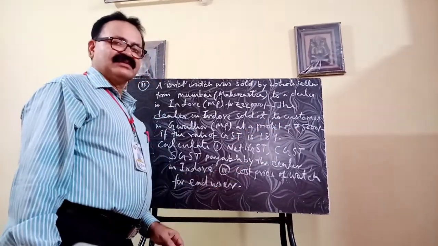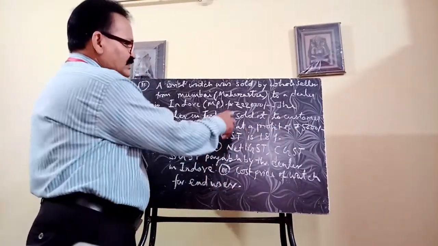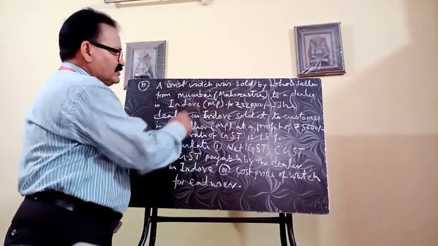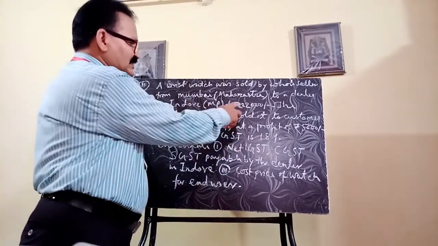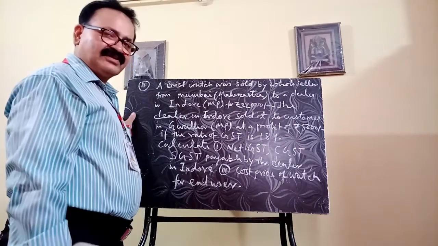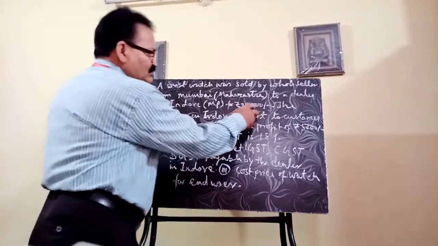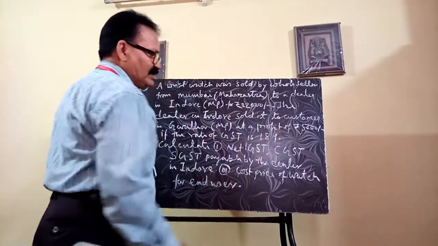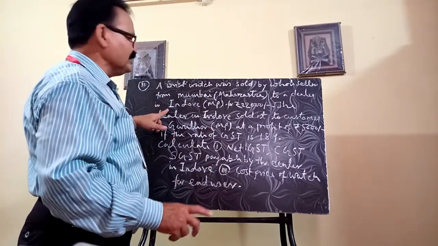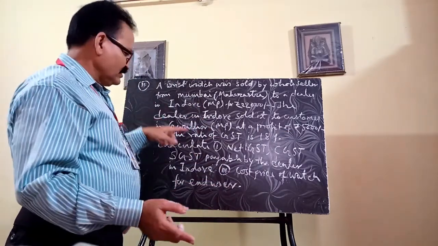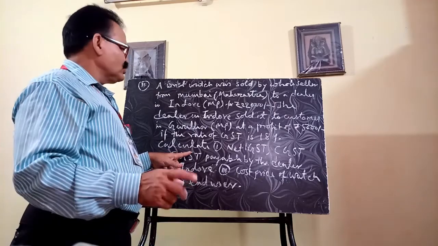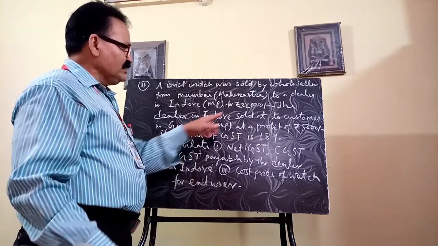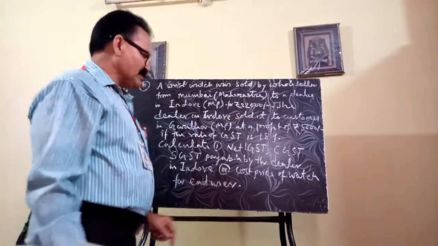The Indore dealer sold it to a customer in Gwalior at a profit of rupees 5,000. That means this 22,000 is the CP for the dealer of Indore. So this CP plus this profit will be the SP of Indore for the Gwalior customer, that is 22,000 plus 5,000.